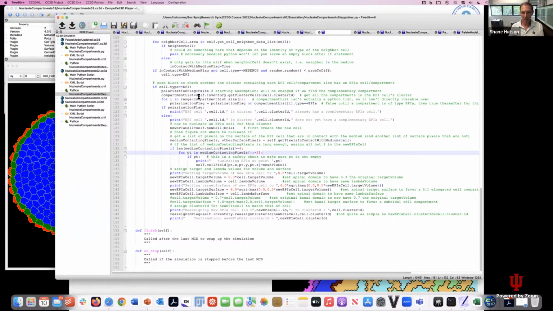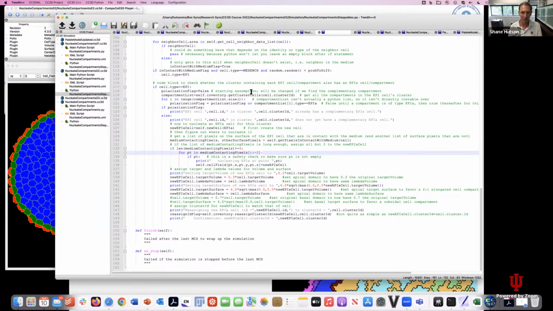We get the compartment list. So this is get cluster cells of the cell. So it's basically the list of other compartments or cluster, or the list of other cells that are part of the same cluster. And there's some different ways to describe this. A cluster is really the same thing as a compartmentalized cell. So we're going to loop over the compartment list. We have to do this a little oddly because compartment list isn't really a Python list.